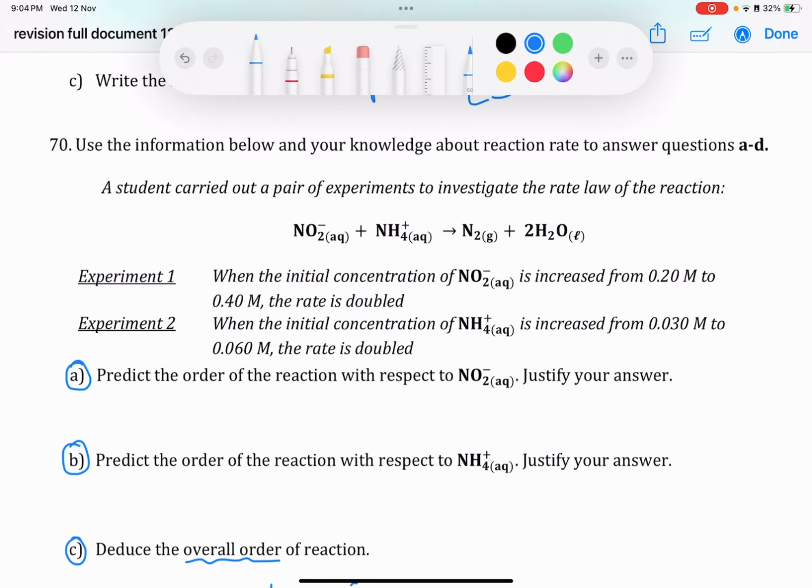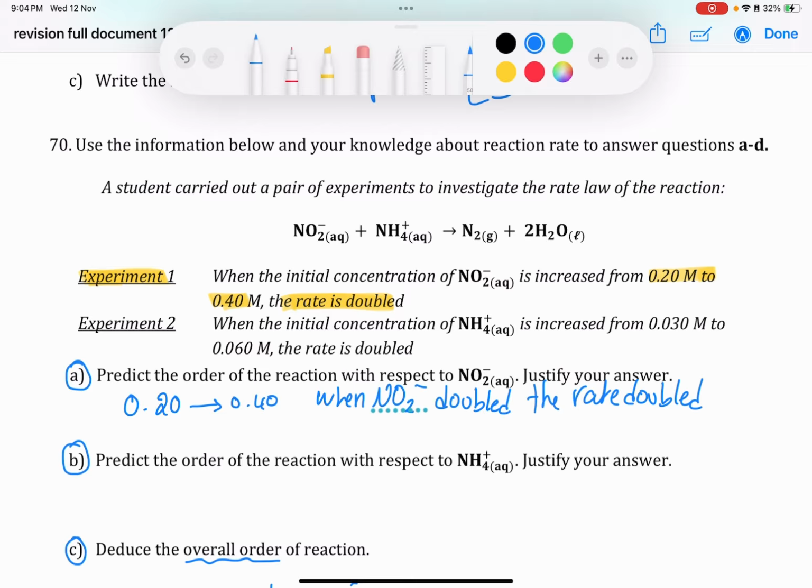Now let's start. Experiment 1. When the initial concentration of NO2- was increased from 0.20 to 0.40, it means when NO2- doubled, the rate doubled. So the rate doubled.